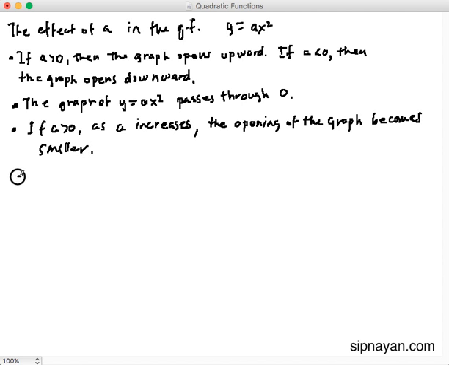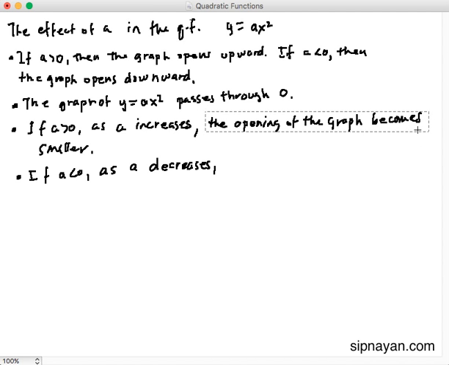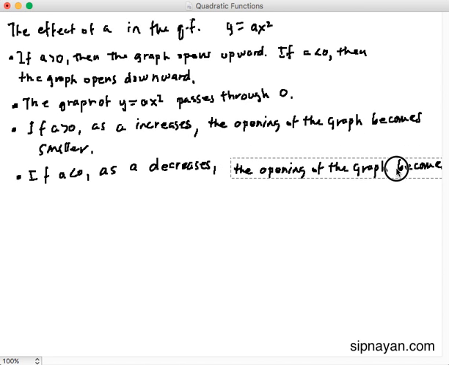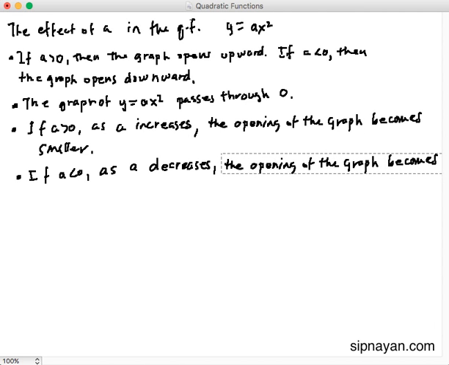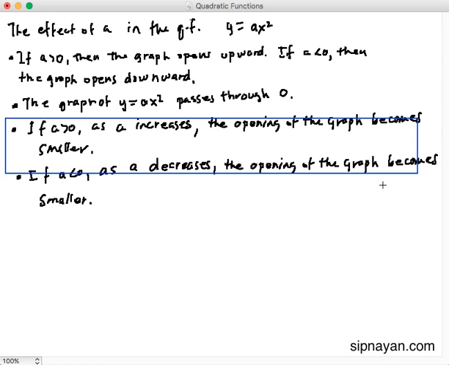Next, if A is less than 0, as A increases ba, decreases? Decreases, di ba? Habang papunta siya sa kaliwa, yung slider natin, same, this is the same statement. The opening of the graph becomes smaller also. Iba lang sila ng direksyon. Okay? By the way, yung dalawang statement na ito, pwede mo itong pag-isahin.